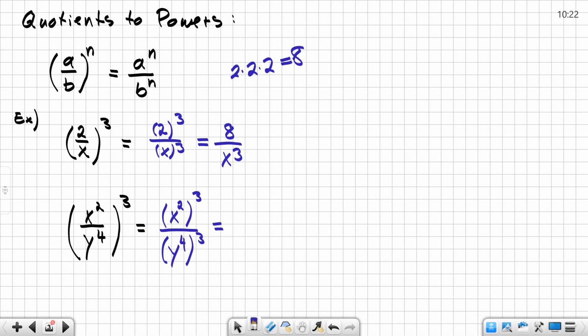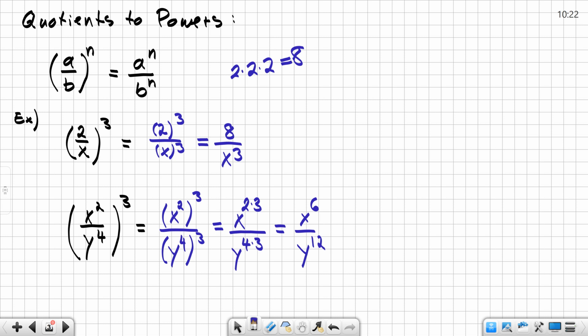And we have seen already rules in the section before that apply to these scenarios. Here I have to multiply my exponents, and I will get x raised to the 6th divided by y raised to the 12th.